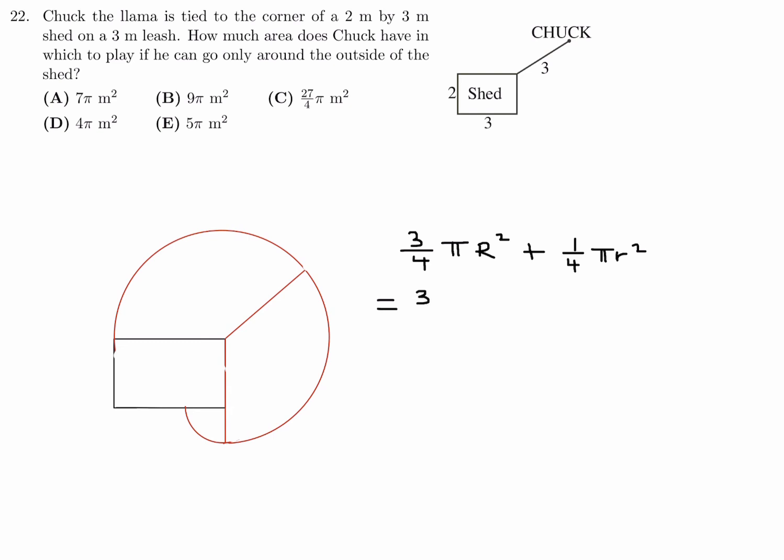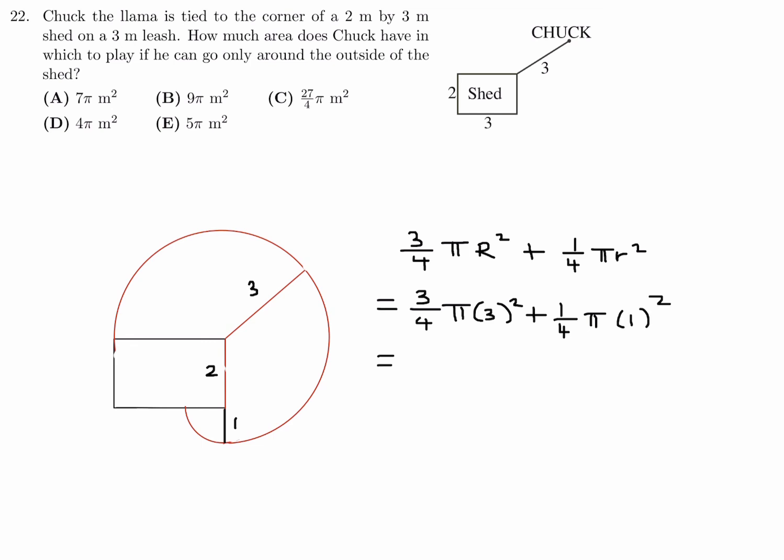So 3/4 times pi, the big R is 3. And 1/4 times pi r, the small r, well, the leash is 3. This distance is 2. So that means this distance is 1. So that is what the small r represents, a distance of 1.